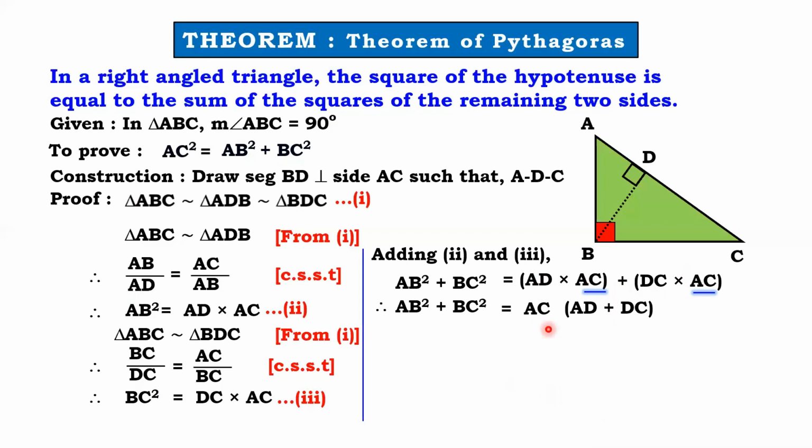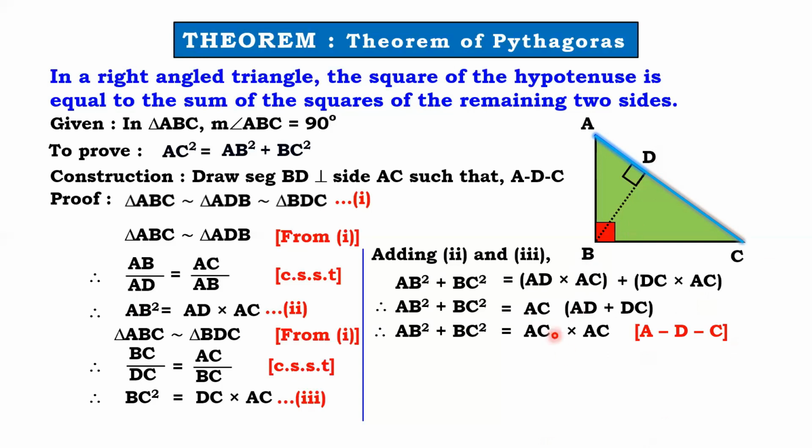I repeat, we took AC common because AC was here and AC was here. So therefore AB square plus BC square is equal to AC, bracket means into, right? This is AD here, plus DC, you can see DC here. So when we add AD plus DC, we get entire AC. So we can write into AC, because AD plus DC is AC, the reason being A-D-C.